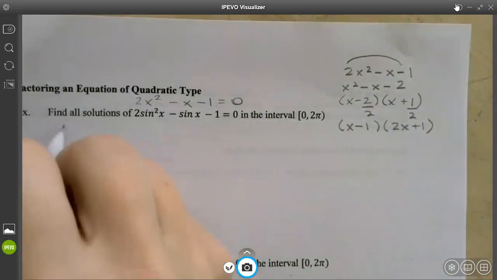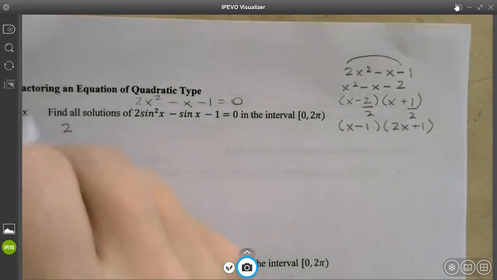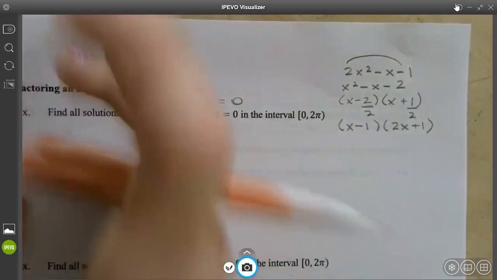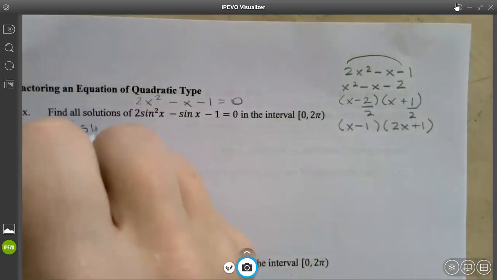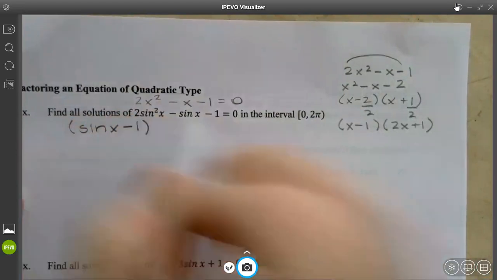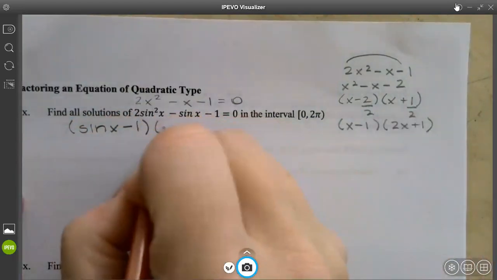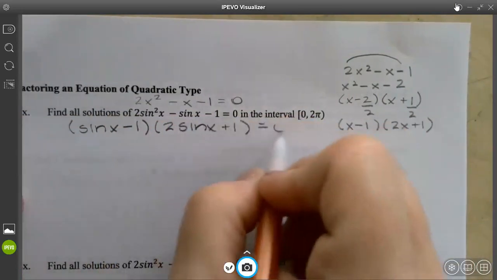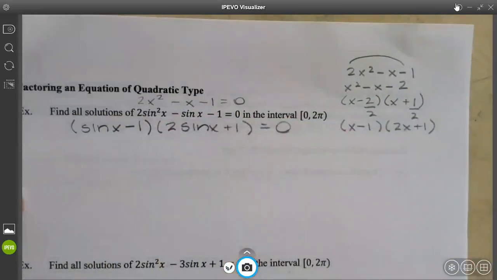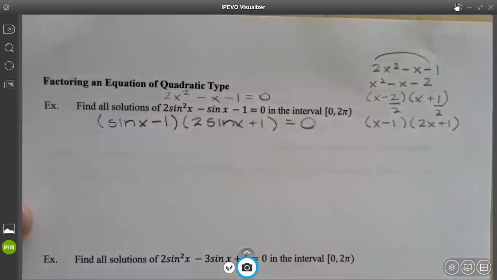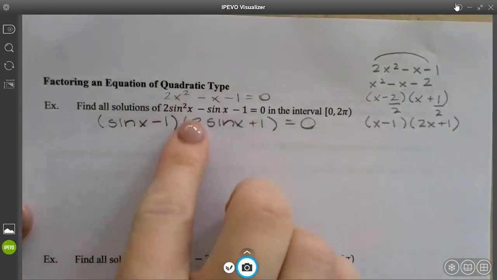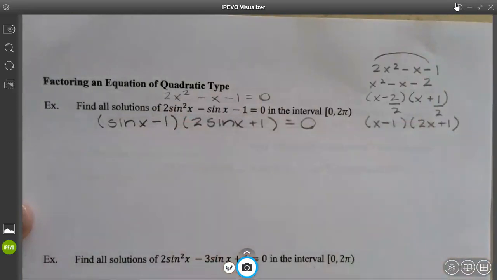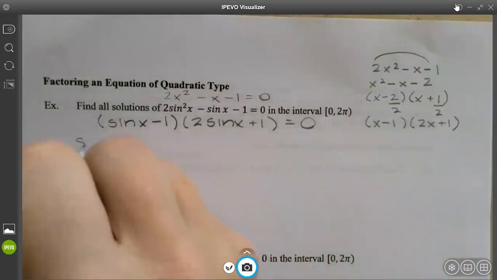So when we factor this, we would have sine x minus 1 instead of x minus 1, and 2 sine x plus 1 gives us 0. Everybody okay? If you can do it with the sine, that's perfectly fine. If not, do it like this, change it, and then put it back. Not a bad deal.